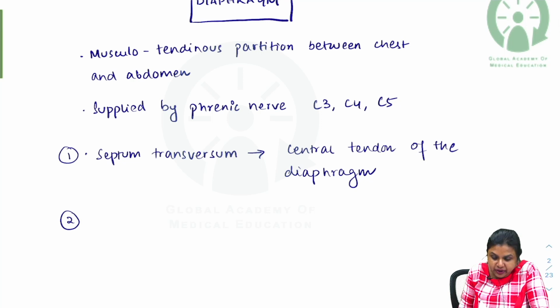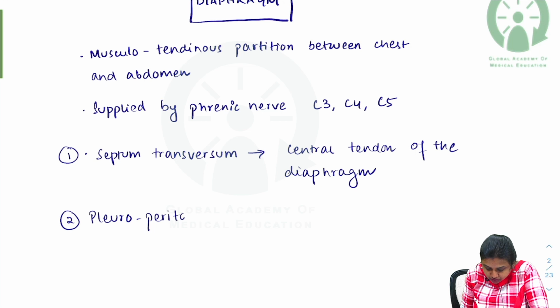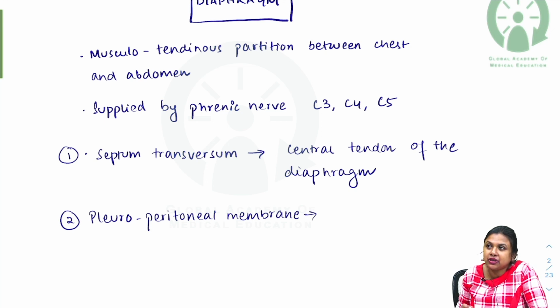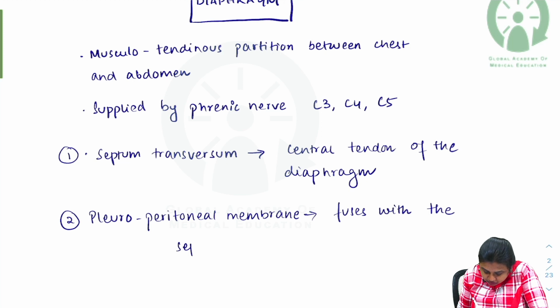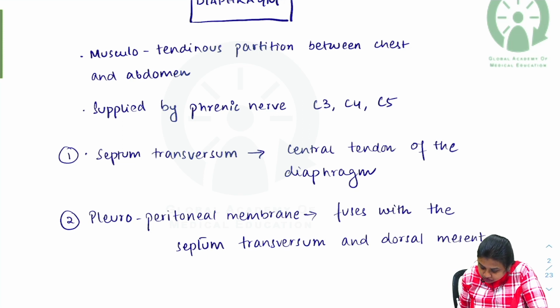Next is the pleuroperitoneal membrane. So, the pleuroperitoneal membrane, what you need to remember is that it fuses with the septum transversum and the dorsal mesentery to form the primitive diaphragm.